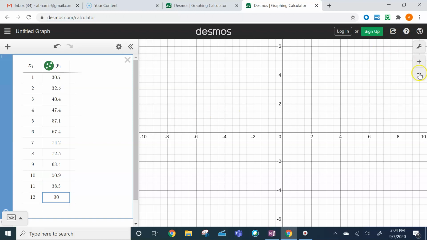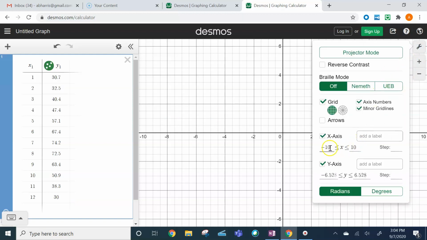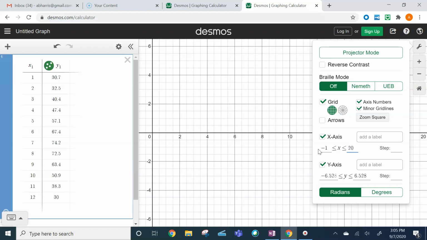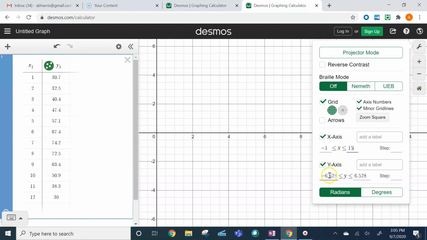Now let me go from, I don't know, negative 1 to 20, 15, whatever.